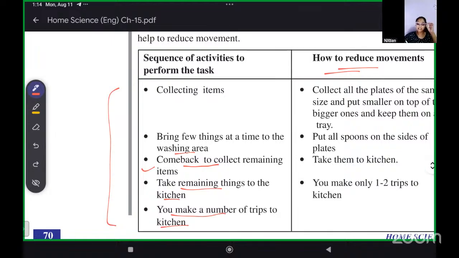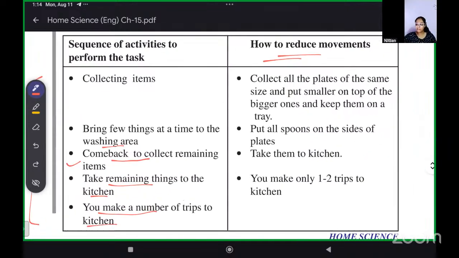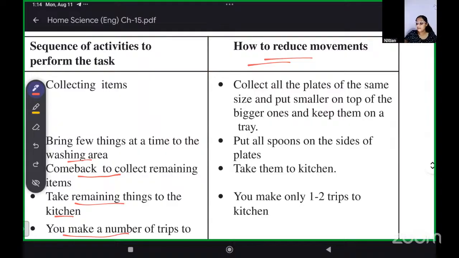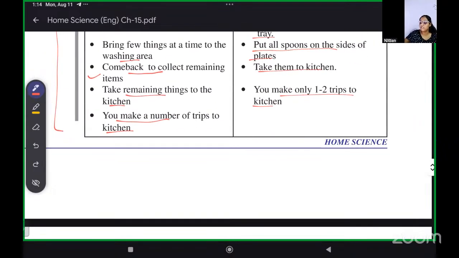Instead of doing this, to reduce the movement, collect all the plates of the same size and put smaller ones on top of the bigger ones and keep them on a tray. Put all the spoons inside the plates and take them to the kitchen. This would require only 1 to 2 trips to the kitchen. This is what we usually do. First you put all the big plates of the same size on top of each other.